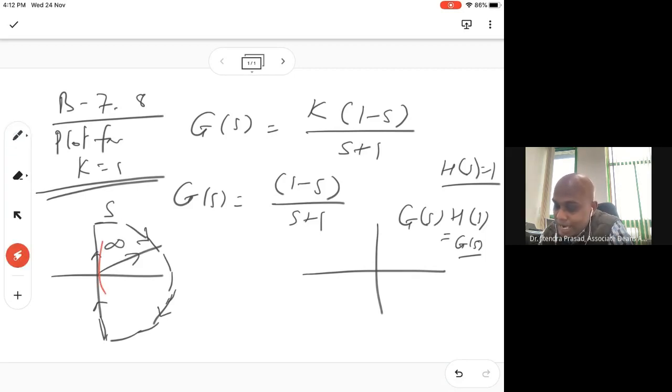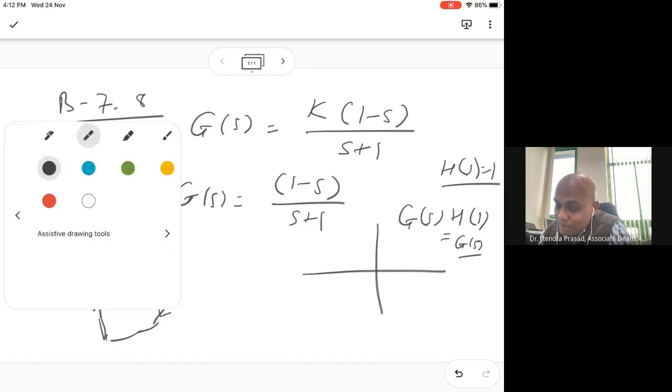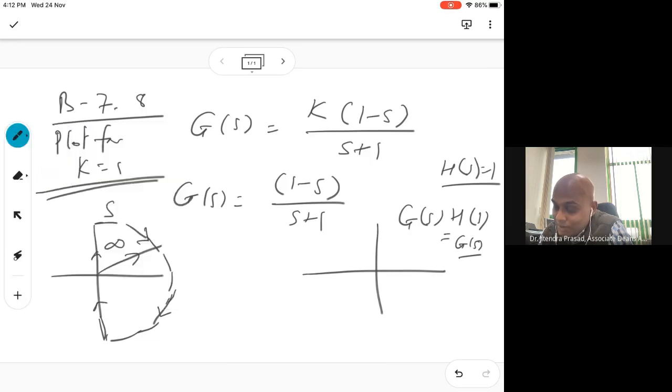For this s, you may have some crucial points, and you can find out how the values will be when you move along this contour. Accordingly, you can plot them here.